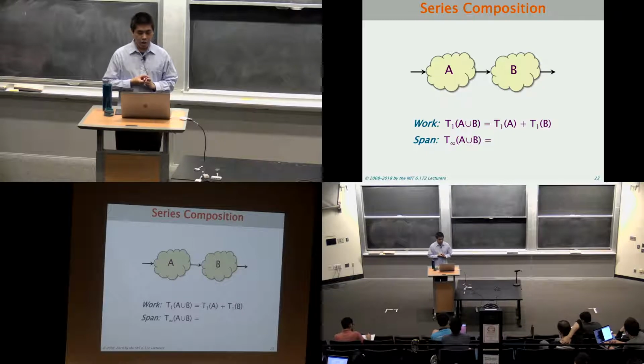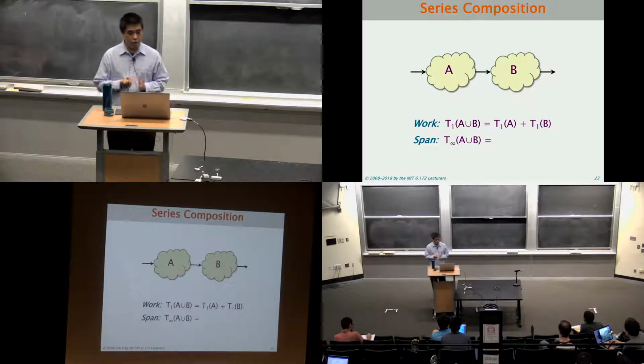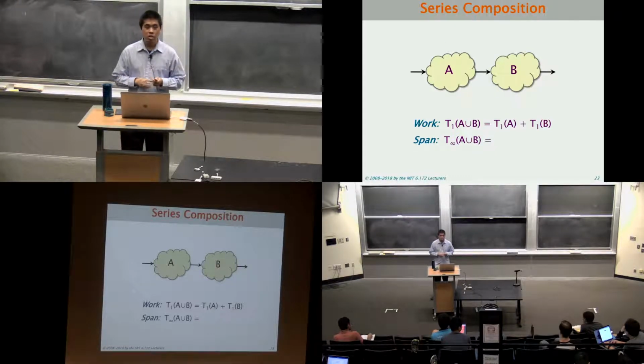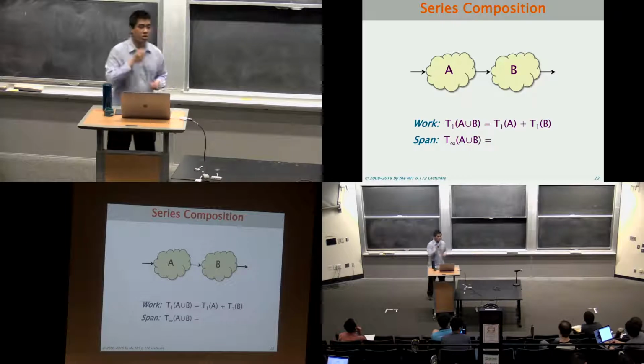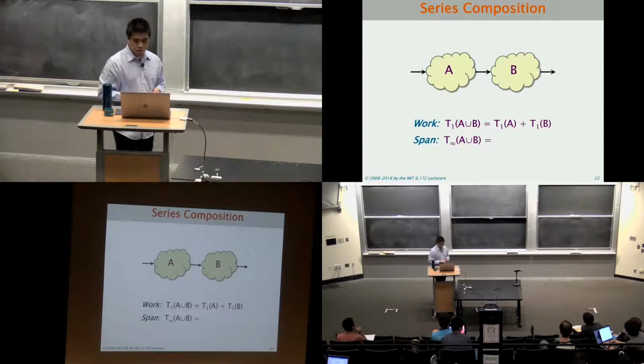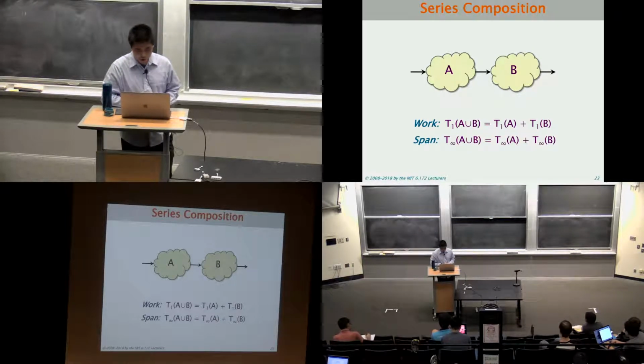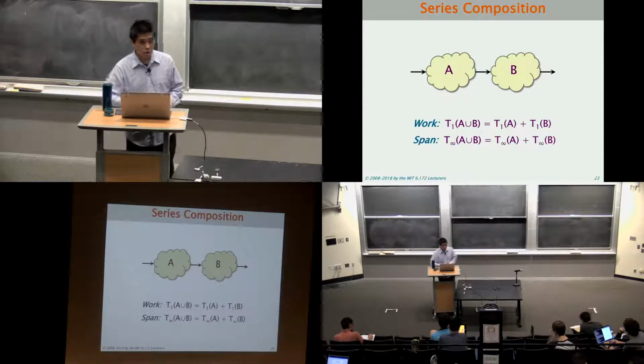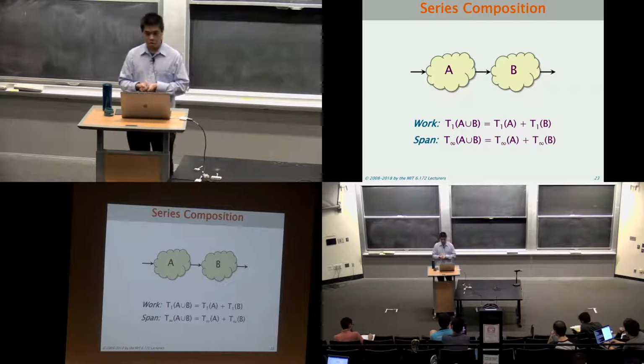What about the span? Let's say I know the span of A and the span of B. What's the span of A union B? Yeah, again, it's just the sum of the span of A and the span of B. This is because I have to execute everything in A before I start B. So I just sum together the spans.